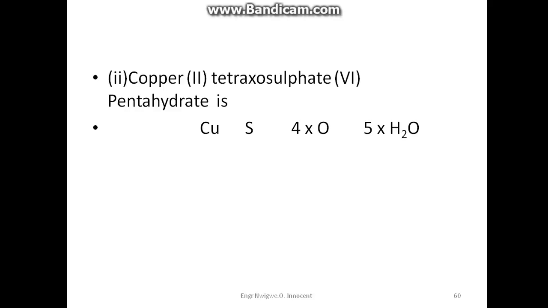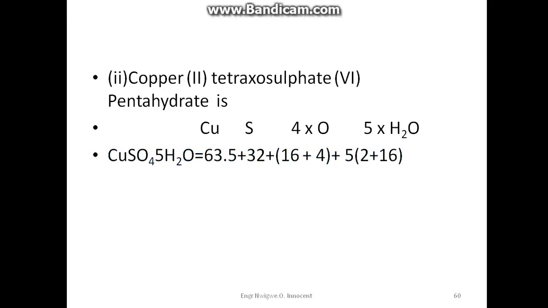Then we have 63.5 for copper plus 32 for sulfur plus 4 times 16 for oxygen plus 5 times 18 for water.